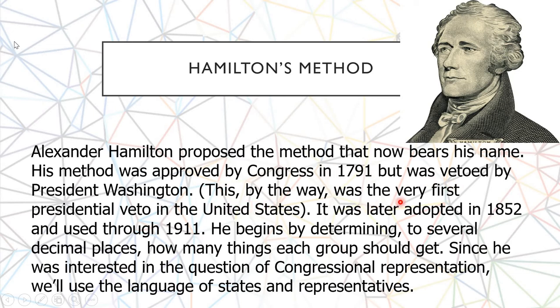This, by the way, was the very first presidential veto in the United States. It was later adopted in 1852 and used through 1911. He begins by determining, to several decimal places, how many things each group should get. Since he was interested in the question of congressional representation, we'll use the language of states and representatives.